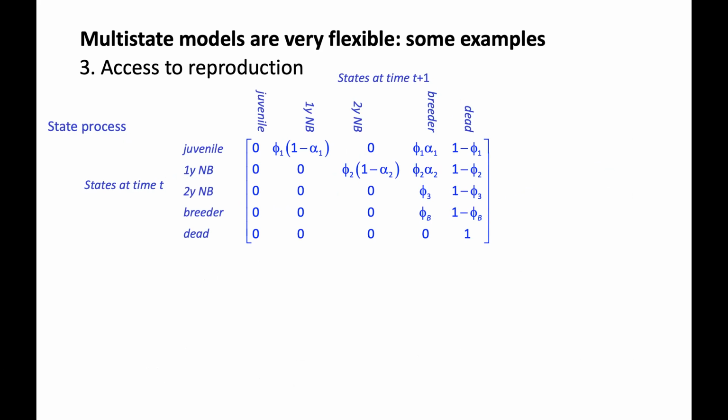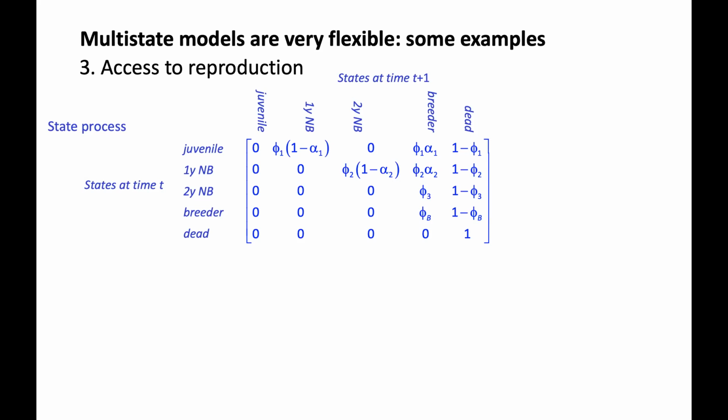Another example with breeding states, something a bit more involved, where you're interested in estimating the accession to reproduction. The key questions we might want to ask are, for example, when do the individuals start to reproduce, or what is the mean age at first reproduction?